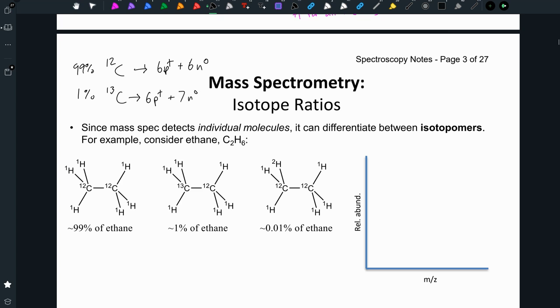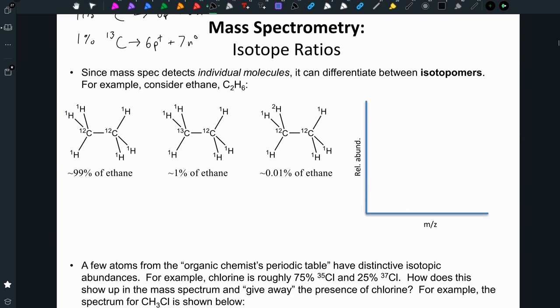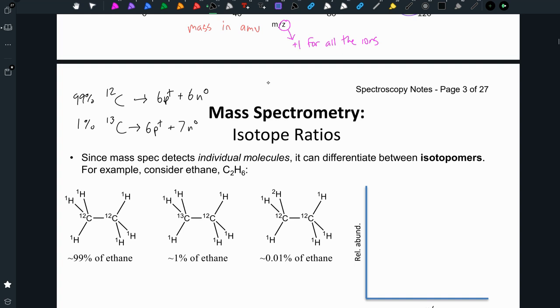So if I think about a sample of ethane, about 99% of the time, I'm going to have 2 atoms of carbon 12. With hydrogen, hydrogen is like 99.9% hydrogen 1, just 1 proton, and like 0.1%, it might even be closer to 0.01%, hydrogen 2, or what we call deuterium.